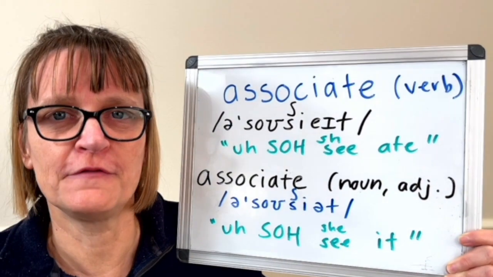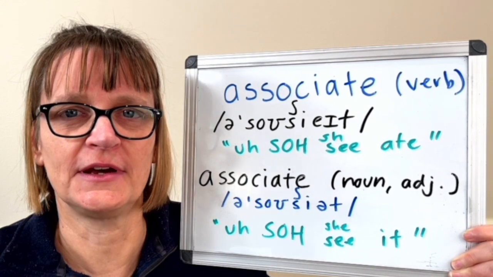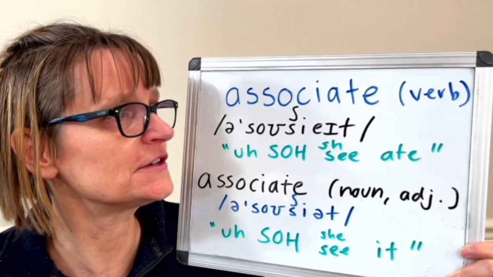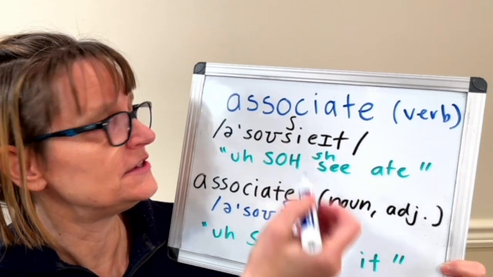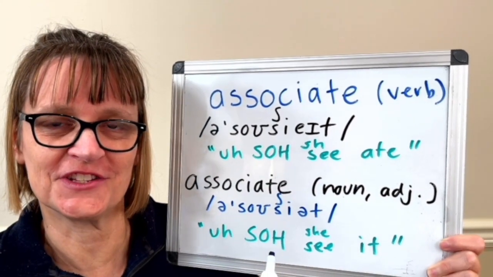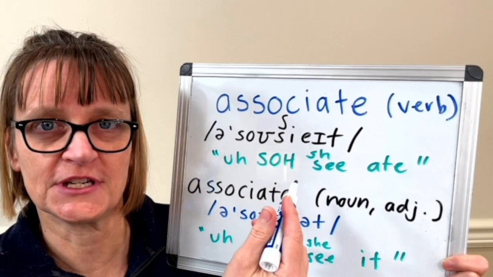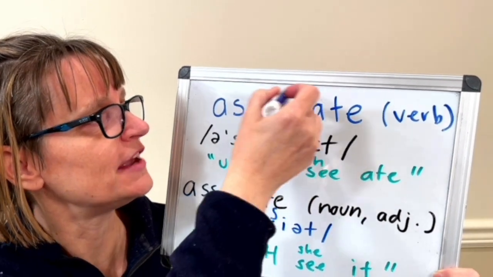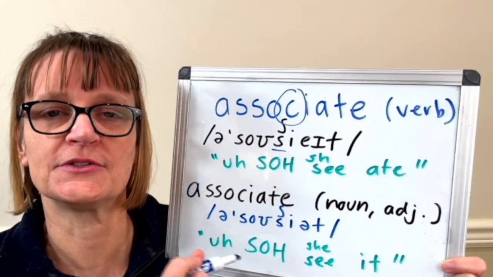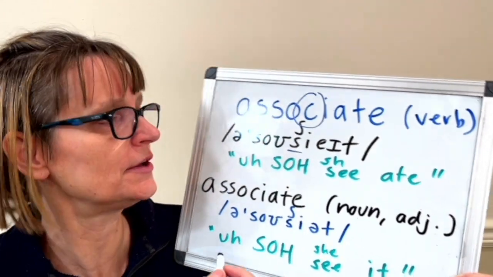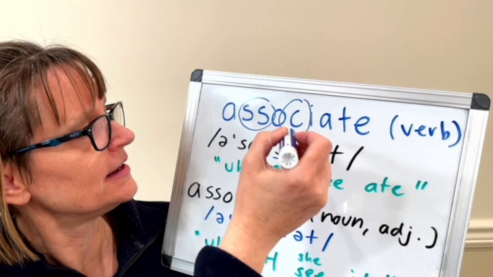First of all, we have the verb to associate. So we can associate with someone. This is where we get association from. And the difference, the 2 different pronunciations here, the only difference between associate and associate is what we say for this letter C. So you can use an S sound, associate, or sorry, not this C, but the S's at the beginning.